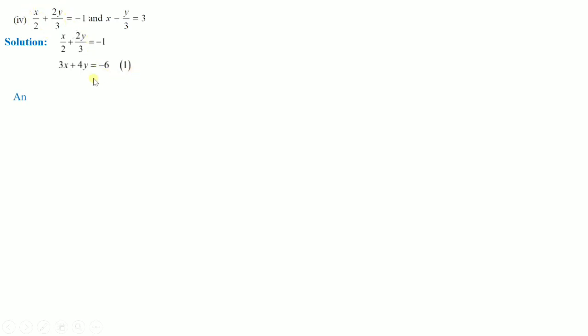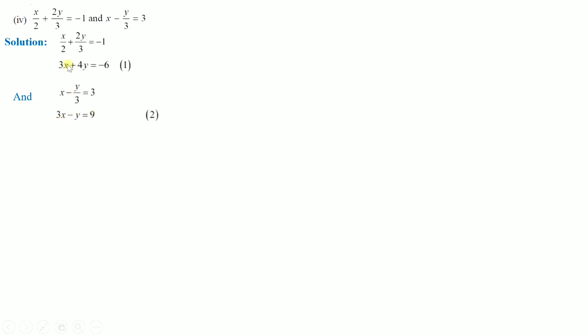Now the next equation is x minus y upon 3 is equal to 3. So this gives 3x minus y equals 3 into 3, 9, equation number 2. Now look here, 3x plus 4y is equal to minus 6, 3x minus y is equal to 9.